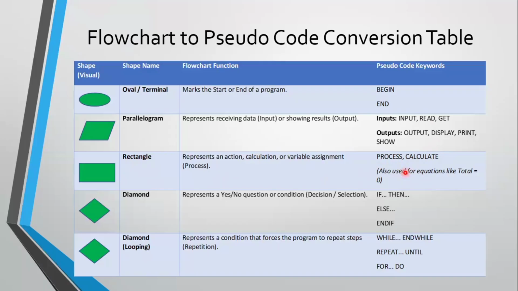For example, if you see a rectangle with math inside, you write calculate area equals length multiplied by width, like that.